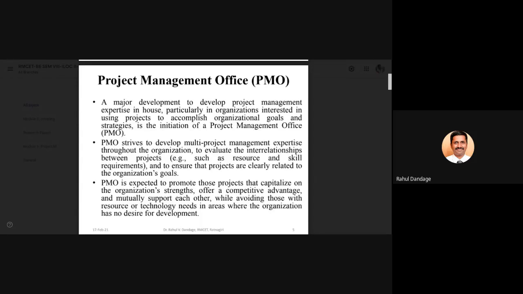We are working for a particular organization. That organization has certain specific goals, certain specific objectives, and certain expected outcomes for which the organization is working. So whatever projects we are undertaking, or are going to execute in future, we have to cross-check whether those projects satisfy the requirements of our organizational goals.